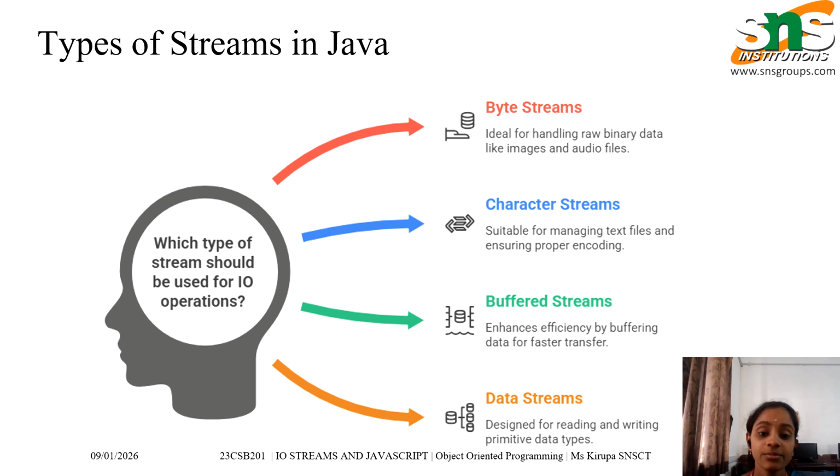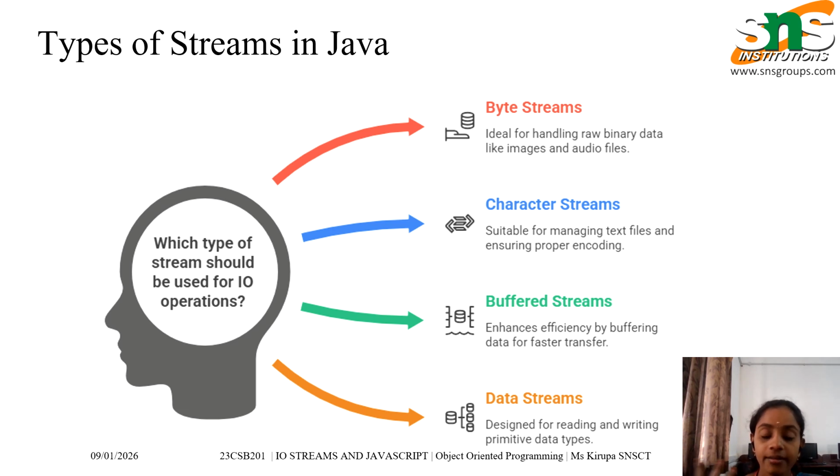There are different types of streams, which I have already discussed. We will start with the first stream, which is the byte stream. Byte streams handle raw binary data such as images, audios, videos, or any files.